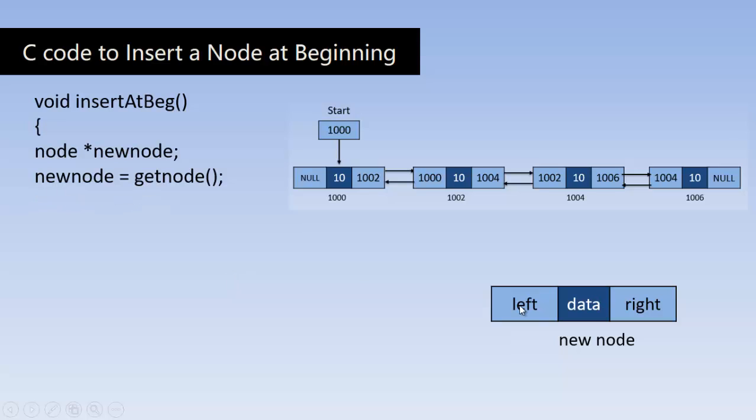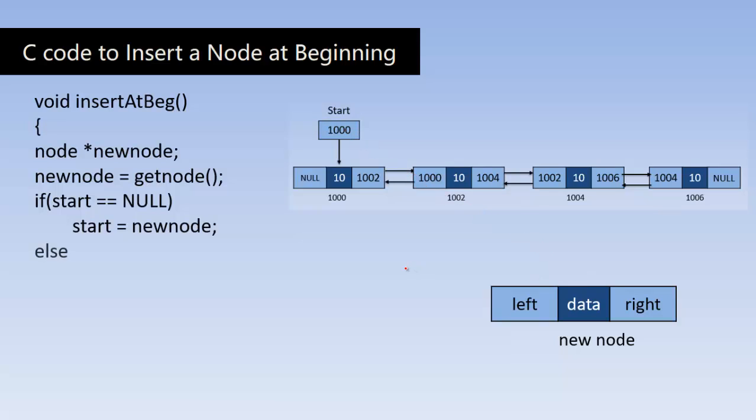How to insert in the list? So let us discuss that. If start equals null, we are checking whether the list is null or there are any nodes in the list. If this is null, I will simply make start equal to new node. That means if there is no node in the list, I'll simply make start point to this node, right?